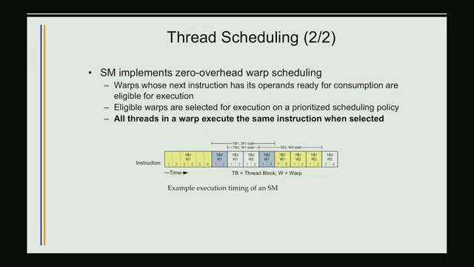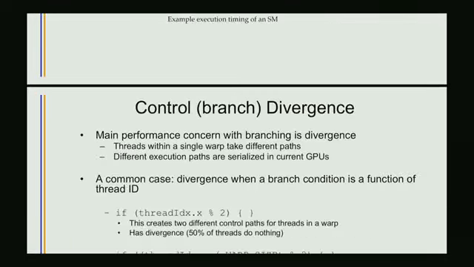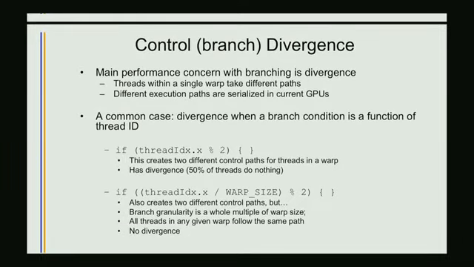It's not so bad when we're doing things like vector add, but when we have control logic in our code, and actually vector add does have some control logic, we can come back to that. Anytime I have an if statement, or any kind of control in my code, some threads might want to do this versus others that want to do that.